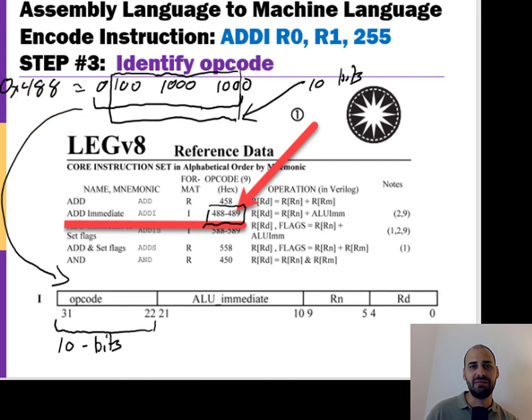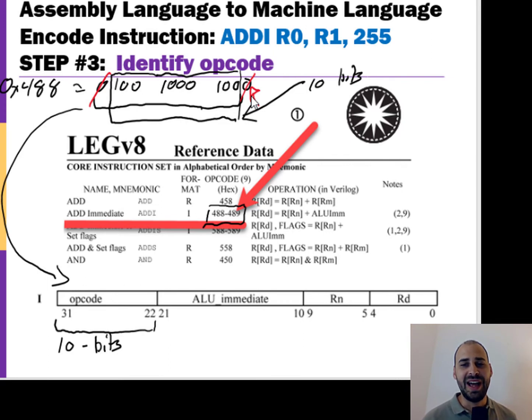Just to recap here, we used the hex, but we're only taking the middle part of that. Effectively, the reason it's showing 488 or 489 is because we're losing this rightmost bit, and it doesn't matter if it's a 1 or a 0. We're not going to use it anyway, so it's irrelevant.